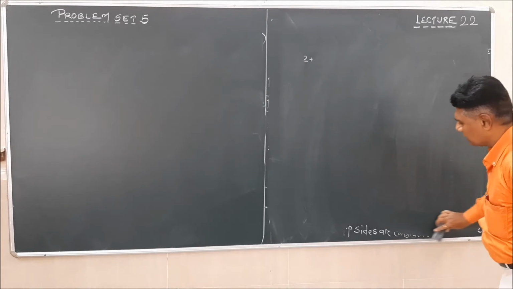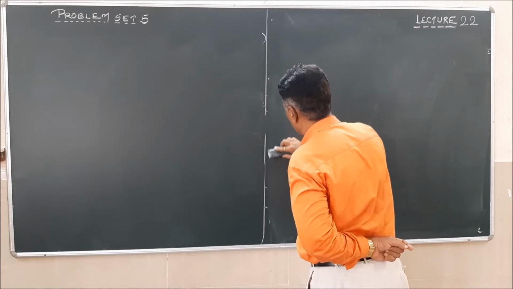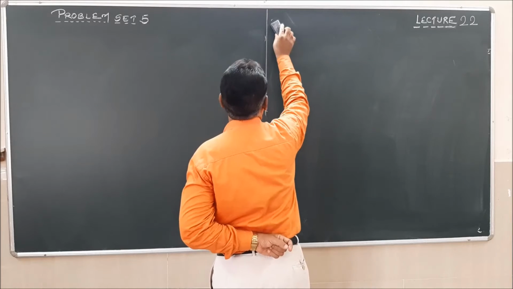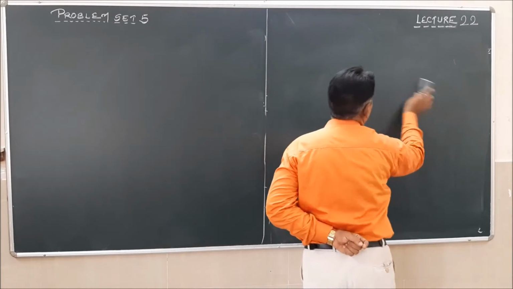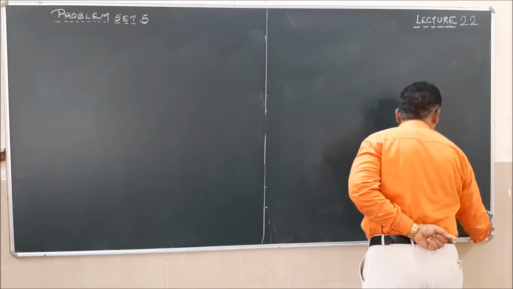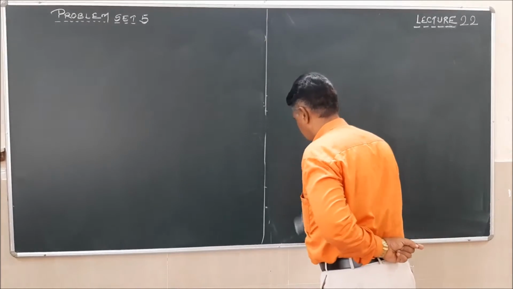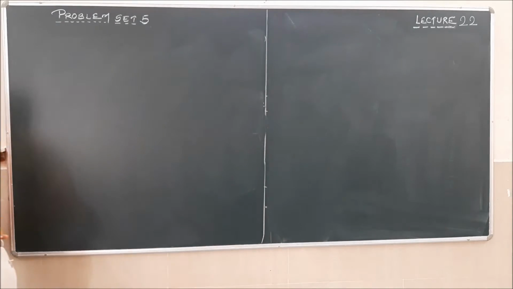So, if vertices are known, what is meant by median? Now, median you all know the definition: the segment drawn from the opposite vertex and joining the midpoint of the base. But the midpoint of the base is not given. So, what is required is we must find out the midpoint of the base also.